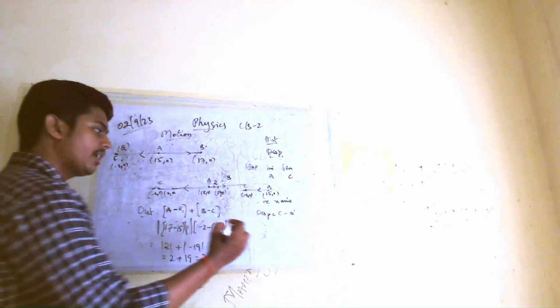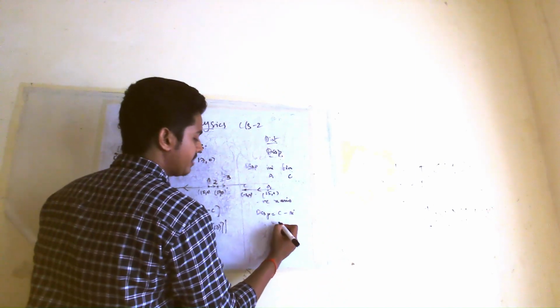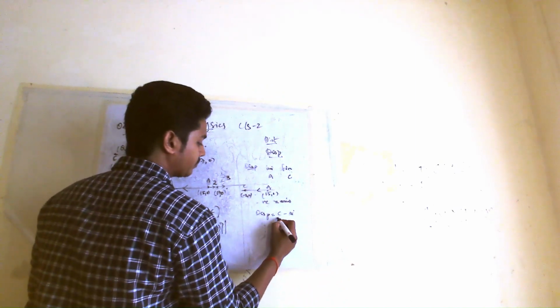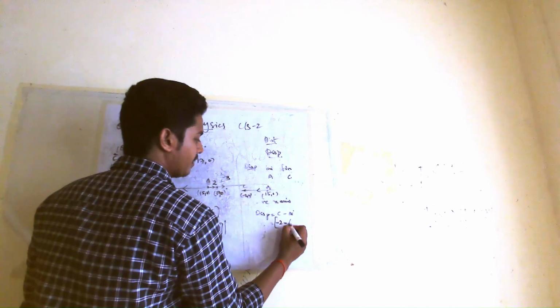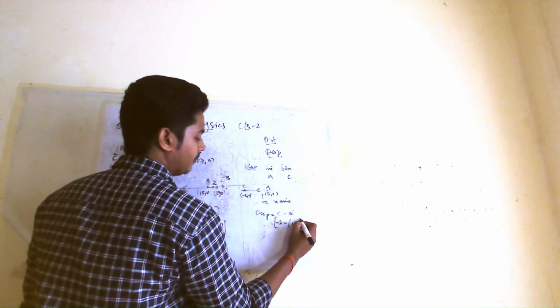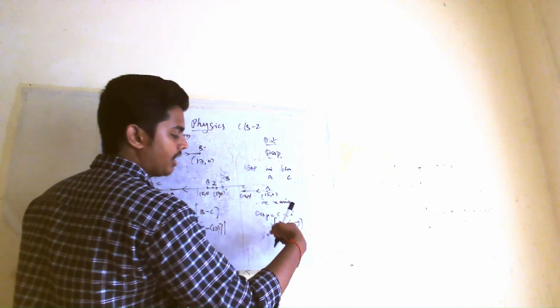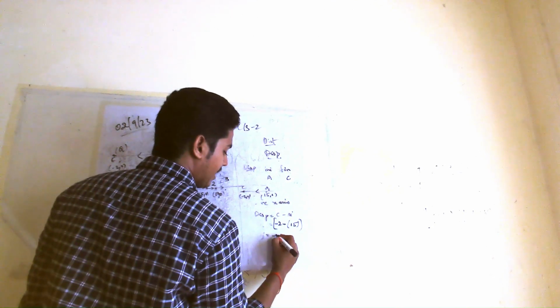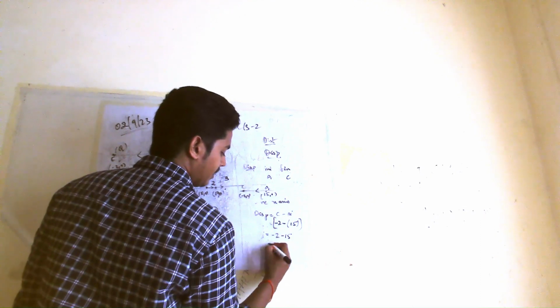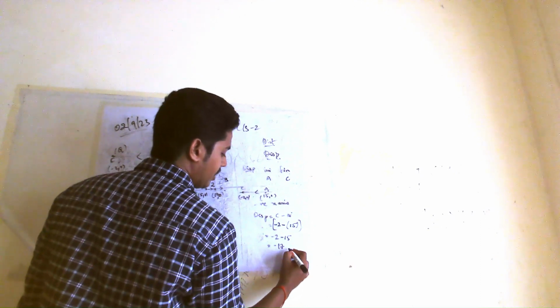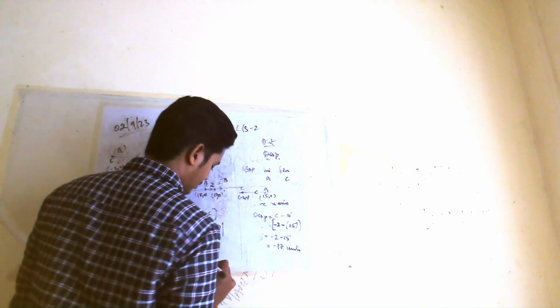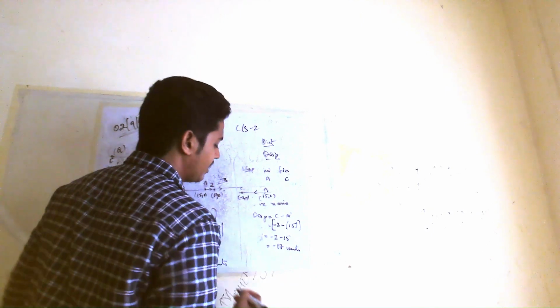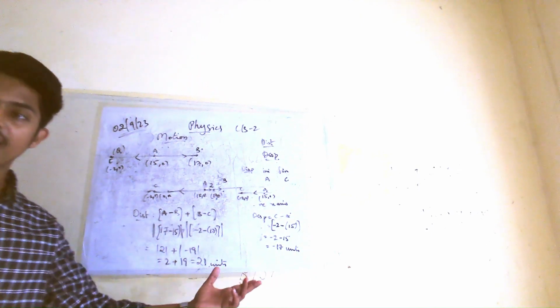Now here the final point is minus 2 minus the initial point, 15. This is a bracket, it's not a magnitude. So minus 2 minus 15 is minus 17 units. That means the displacement is minus 17 units.